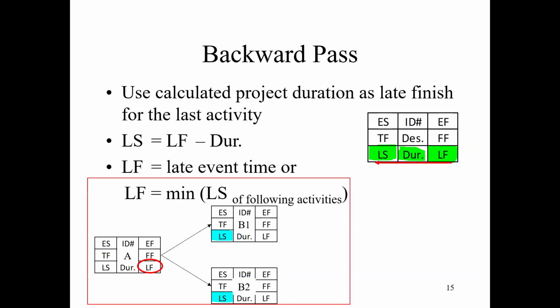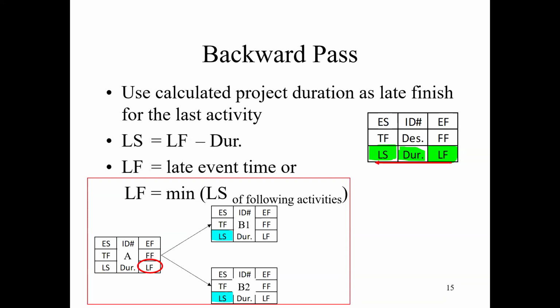You have activity A, which has two following activities. The late start time is given because, going from back to front, you already have the LS for B1 and LS for B2. So how do you determine your LF for A? Your LF for A will be the minimum of your following activities' LS. What we did before used the maximum because we moved forward.